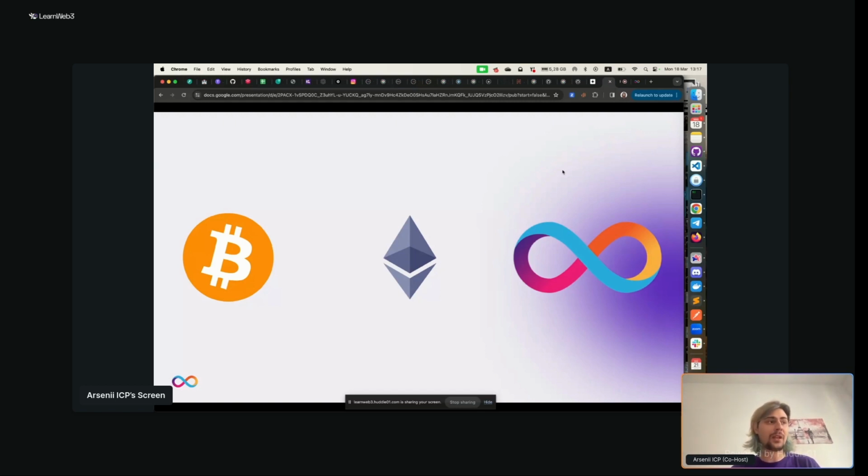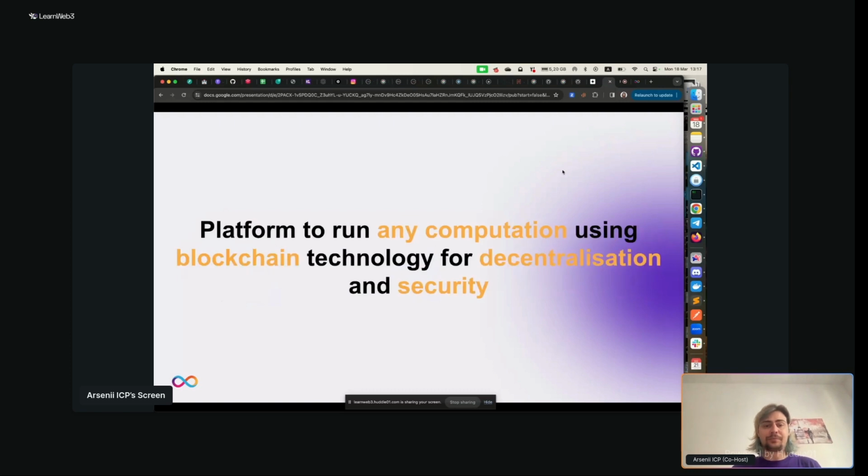We're trying to provide more facilities and more calculation options compared with Ethereum. The main idea is to provide a platform to run any computation using blockchain technology for decentralization and security. And blockchain here is more about security, rather than just sending funds.